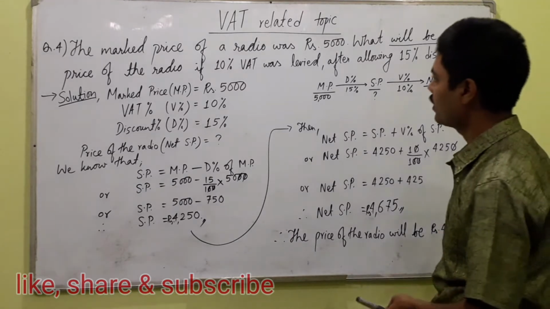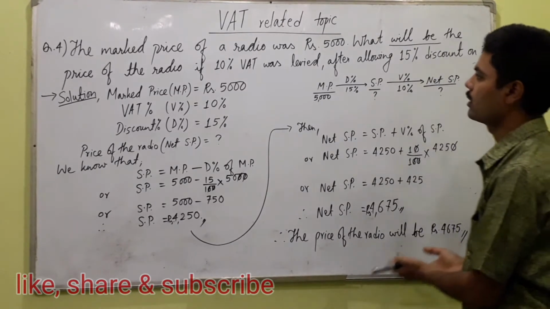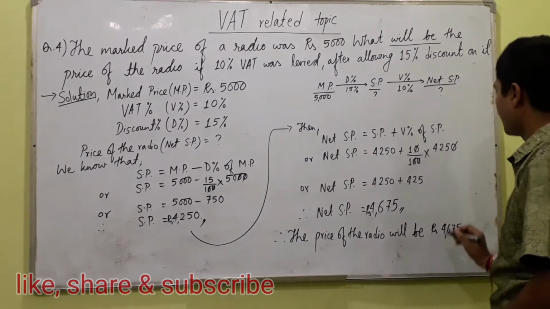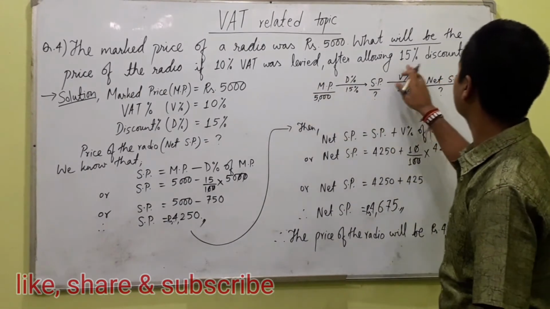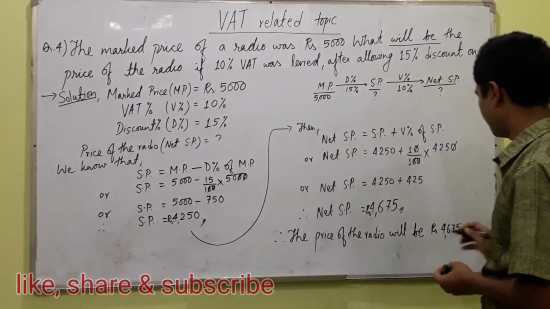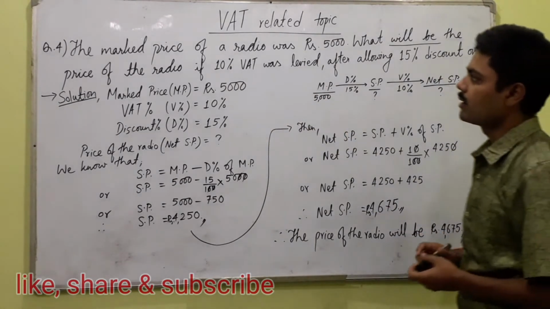And if you still want to make this statement a little bit longer, the price of the radio will be 4,675 after allowing 15% discount and levying 10% VAT, or simply this much you can write.